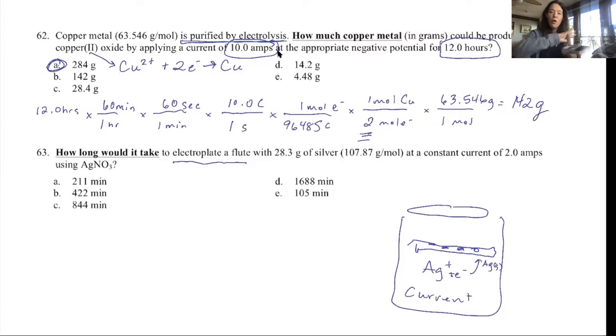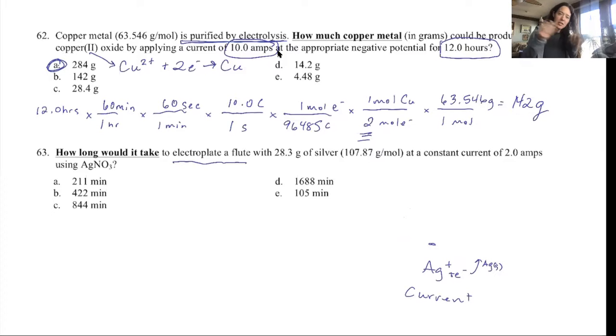And it'll go all over that flute. So your flute is plated in silver. It has a silver coating. You could put a spoon in there. You could put a penny in there. Okay, so that's what electroplating means. You bring it out as a solid and you give it something to adhere to. Kind of cool, right? It'd be really fun to do. I've actually never done it. I've only talked about it.